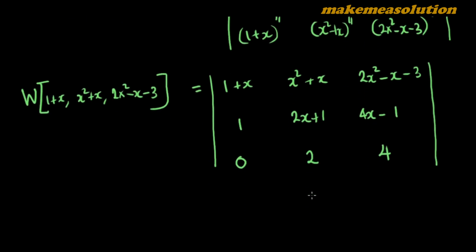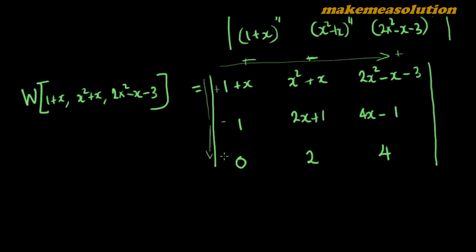Now the next thing is, what row do I expand this determinant from? Should I expand it from a row or from a column? Some people will be tempted to expand it along this row using the plus, minus, plus convention, but I'll suggest you expand it along this particular column because of this 0 term over here.